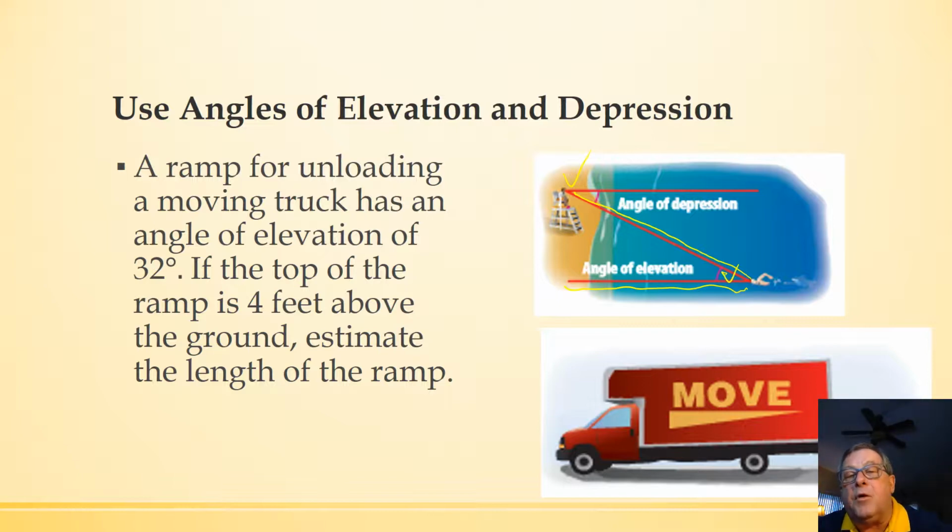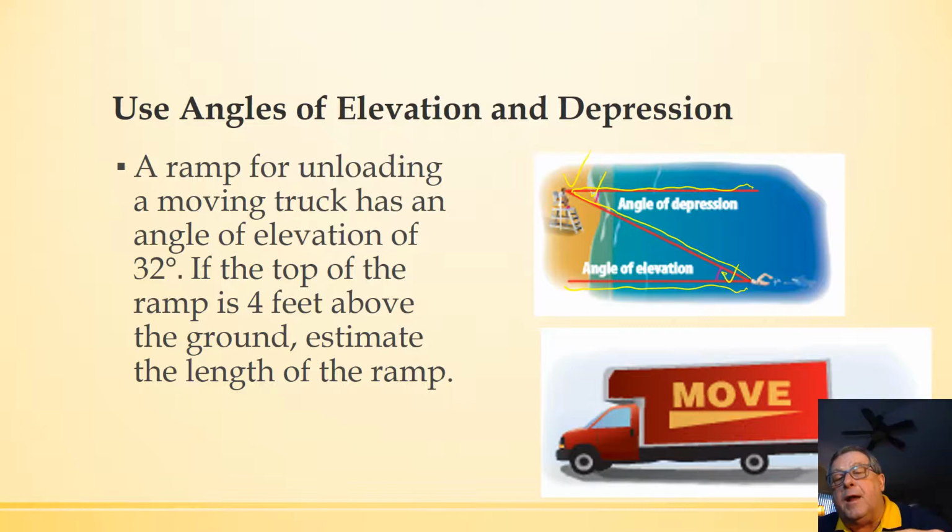And from the lifeguard's point of view, as his line of sight is looking down from this height up here, this gives us an angle of depression. And if we know either the angle of depression or the angle of elevation, we can solve either way depending upon what we're asked.